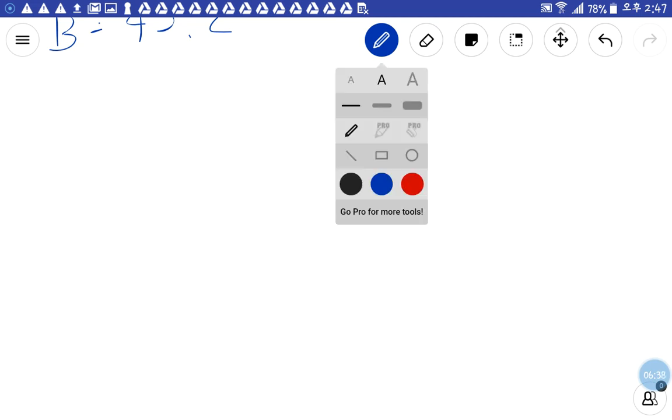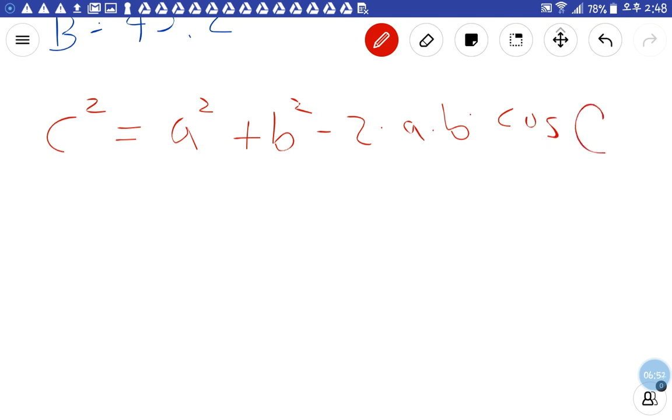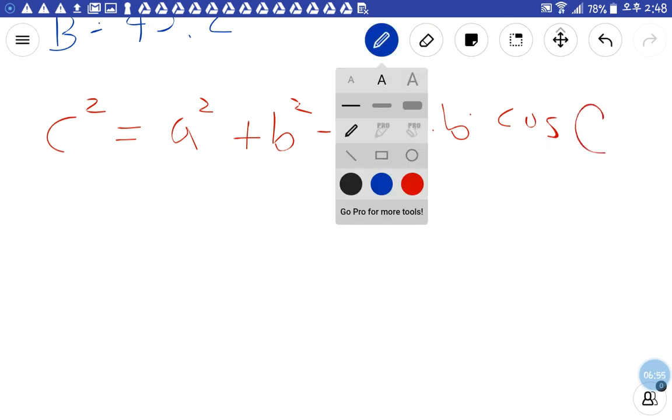And then my last, I need to get angle C. What is the formula? C squared equals A squared plus B squared minus 2 times A times B times cosine angle C. Plug in everything.